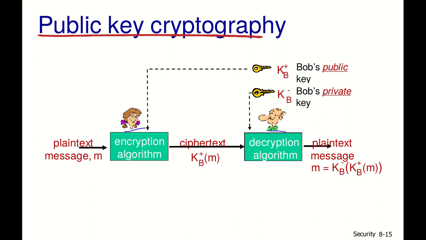So Alice can encrypt the plain text message by using Bob's public key, written in this notation as KB+(M). And since Bob has his own private key, Bob can decrypt the message and recover the original message that was sent by Alice.